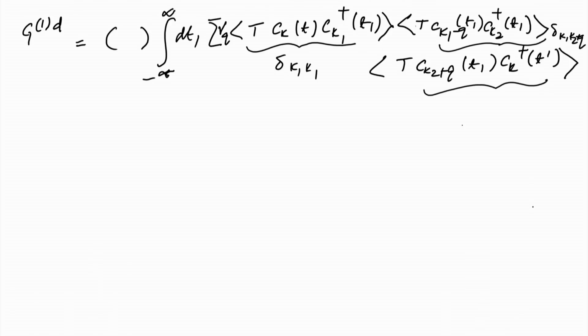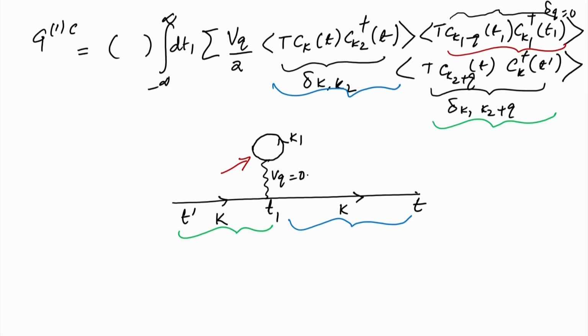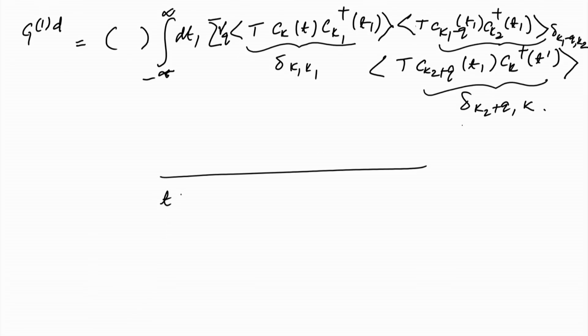And this is equal to delta of k 1 minus q equal to k 2, k 1 minus q is same as k 2, and this is delta k 2 plus q k, and this is again written as t prime t, then there is a vertex which is with q, and this is k 2 and this is t 1 and this is t 1.